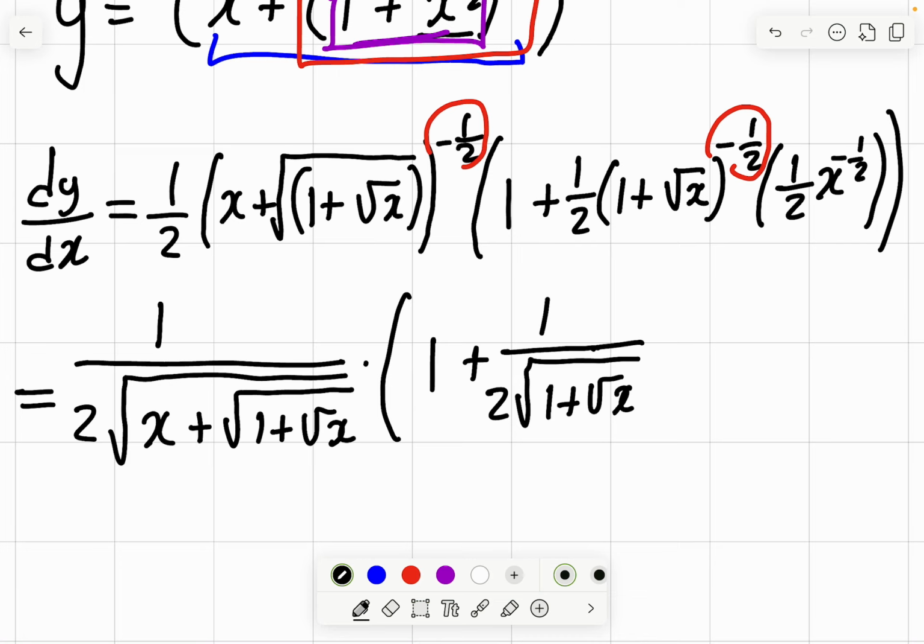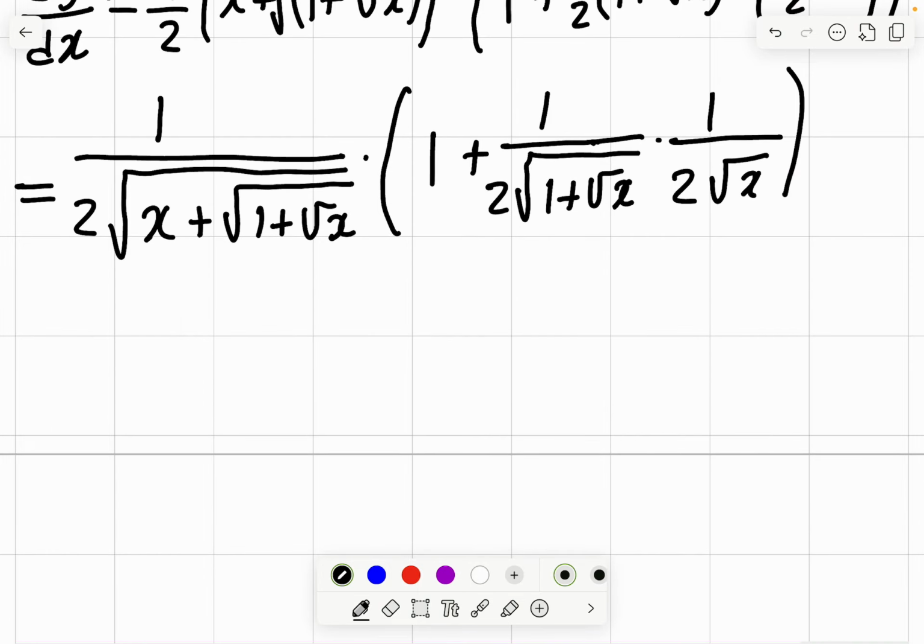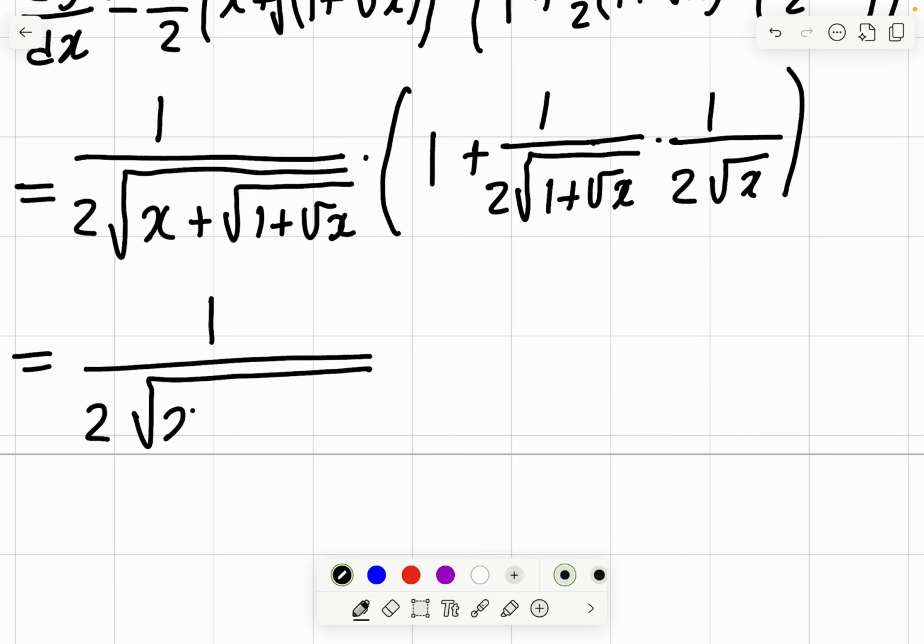Therefore, multiply by this one, which is going in the denominator also. I'm going to have 1 over 2 root x. Understand? That's how you can solve that thing. That's how easy it is. I'm going to be left with 1 over 2 square root of x plus square root of 1 plus root x.